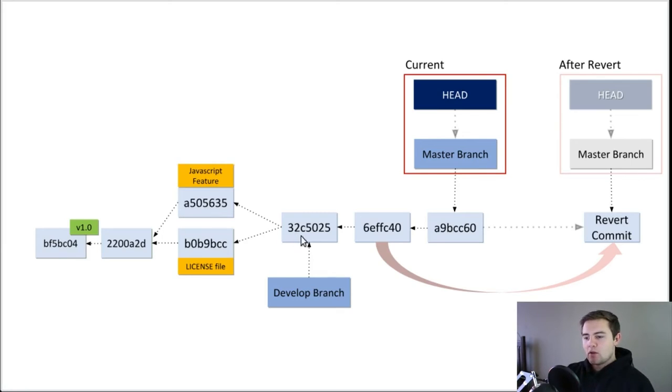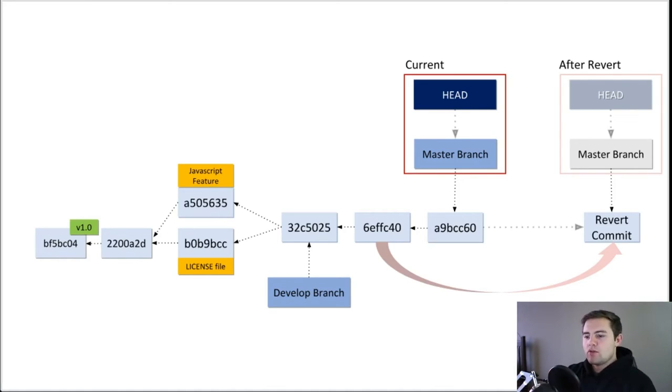Now let's take a look at this commit where we actually merged it together and figure out what the index of each of these parents are. Because our goal here is to actually delete the JavaScript feature out of our repository. You know, maybe it didn't work, it kind of messed things up, and we just don't want it anymore.